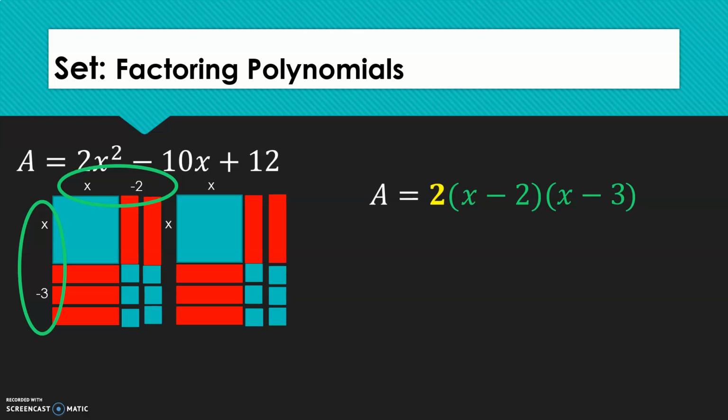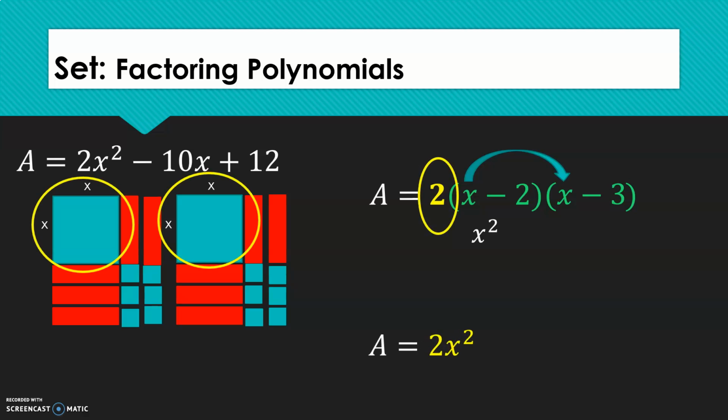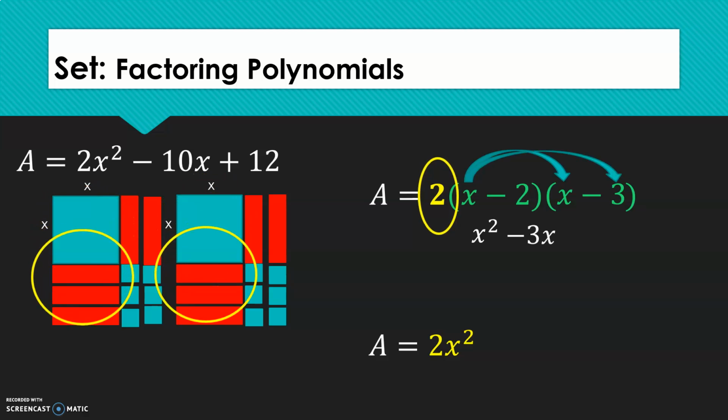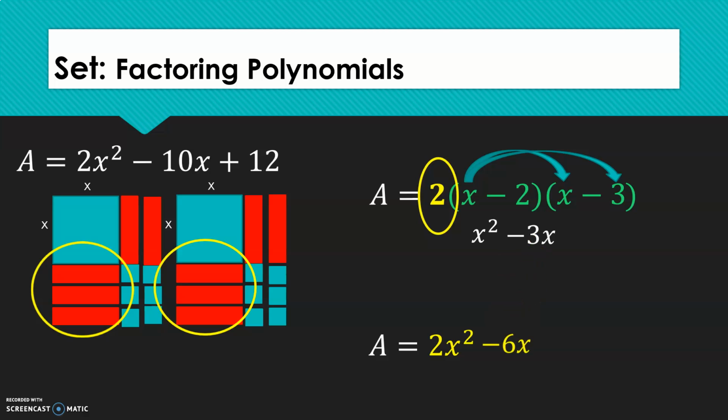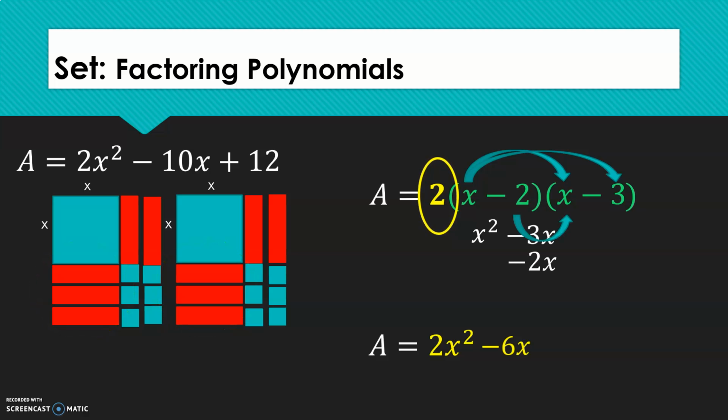Let's use FOIL to check our work. x times x is x squared, times 2 is 2x squared. x times negative 3 is negative 3x, times 2 is negative 6x. Negative 2 times x is negative 2x, times 2 is negative 4x.